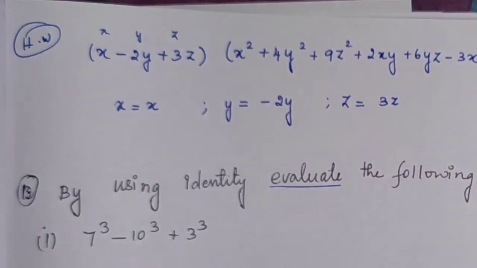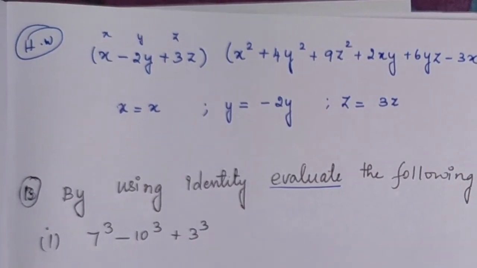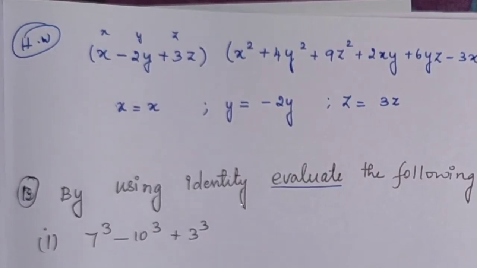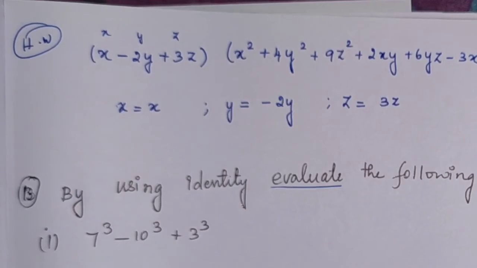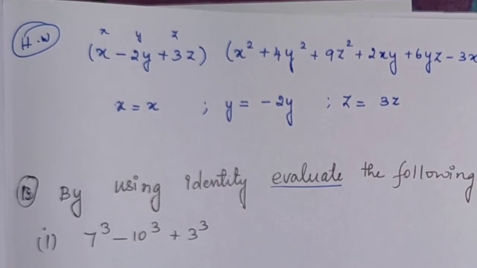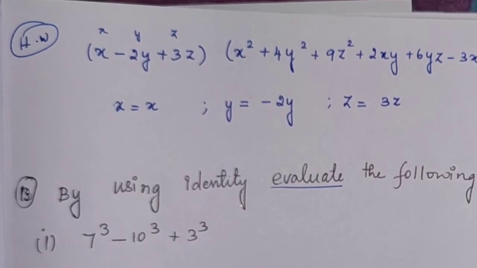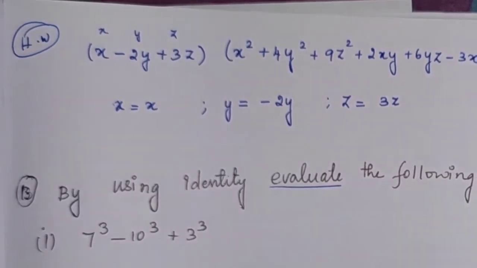In the previous question, you have learned a formula, that is x cube plus y cube plus z cube minus 3xyz is equal to (x plus y plus z) into (x square plus y square plus z square minus xy minus yz minus zx), right?